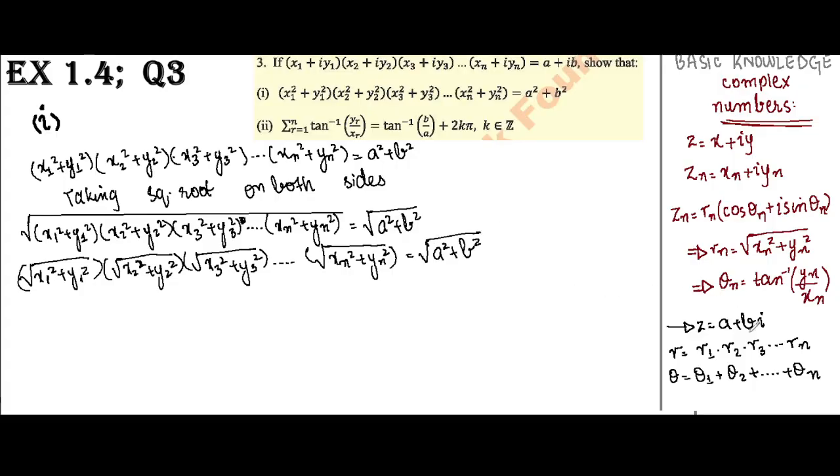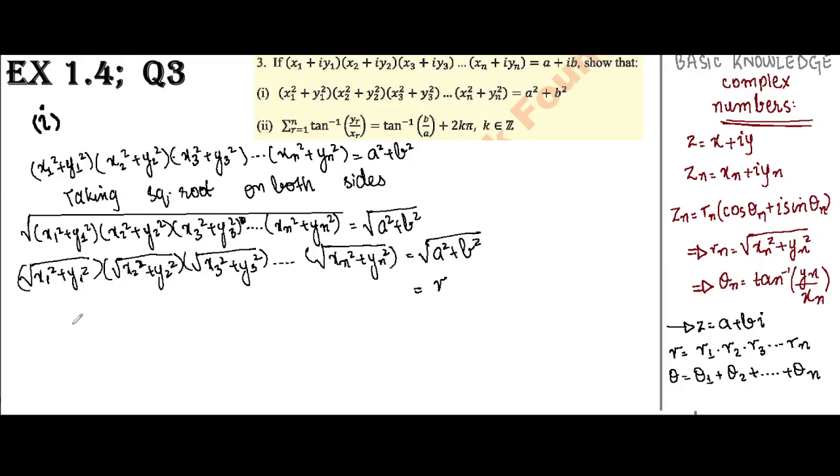Now for this square root of a square plus b square, we have named it r. Now this one will be called r1 because it's z1, where z1 equals x1 plus iota y1, so its magnitude part would be r1.